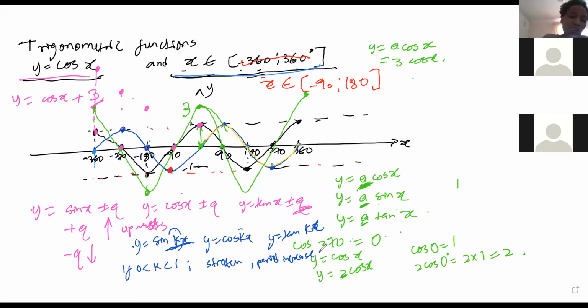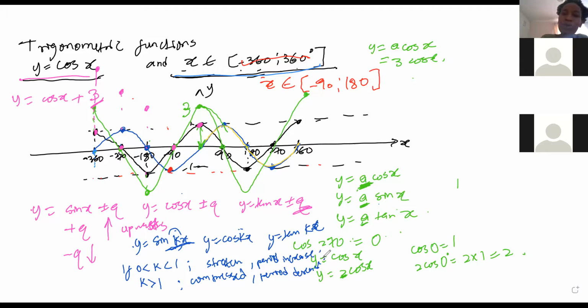And then if k is greater than 1, the graph will be compressed, and the period will decrease. Then the question is going to come. They ask you what the new period is if the graph has shifted in this manner.